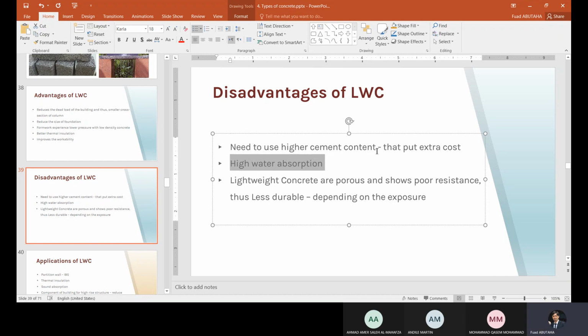It needs higher cement content, which means extra cost. Lightweight concretes are porous and show poor durability, so it is low durability concrete, and normally it will also have lower compressive strength.